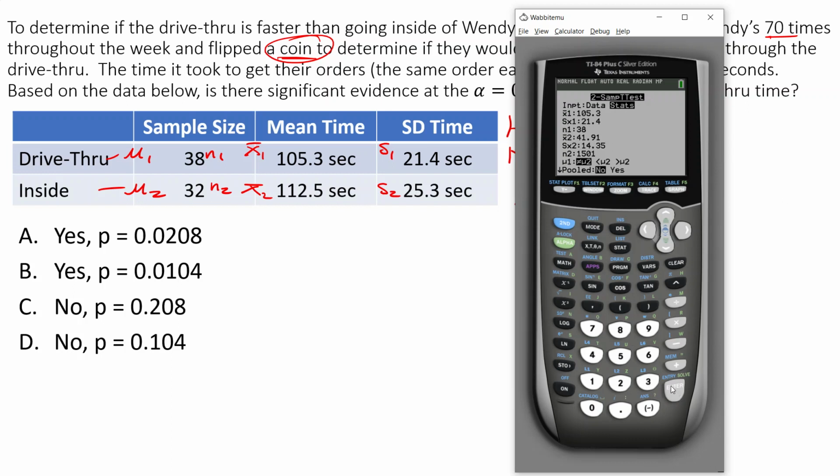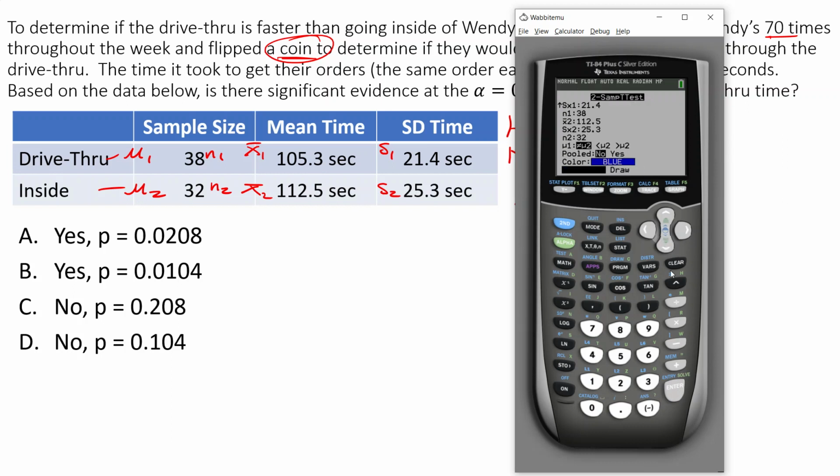So these are more reasonable sample sizes compared to last time. The next one, we've got 112.5 and 25.3 for standard deviation with a sample size of 32. And we want to know, is mu1 less than mu2? So there we go, that one.